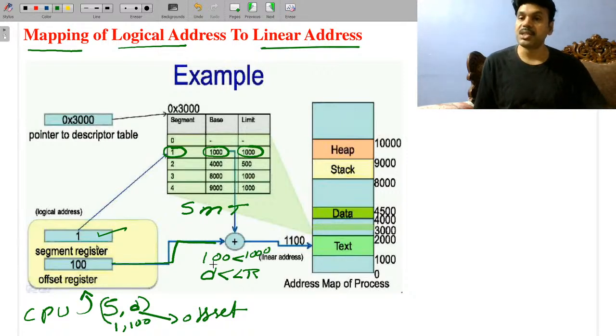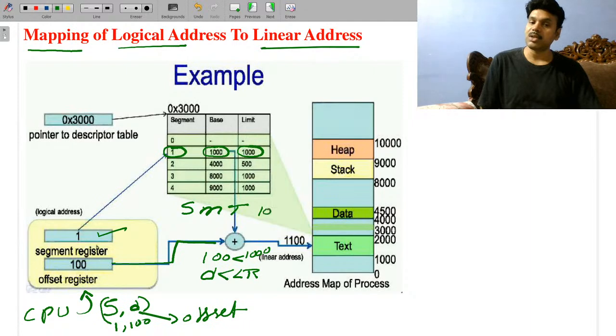If this condition is false, then it is a trap. When the condition is true, it takes the base address 1000 and adds the requested 100. So it gives 1100, and it points exactly to 1100. Whatever the block is, it is exactly at 1100.